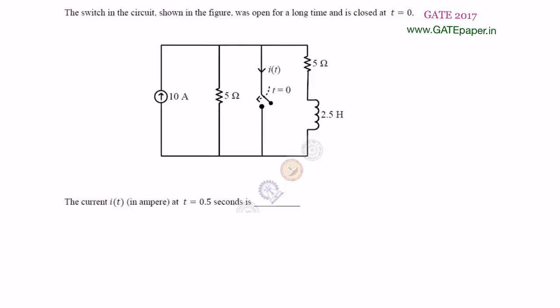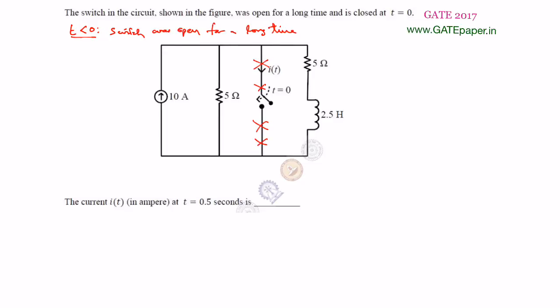So for t less than 0, the switch was open for a long time. When the switch was open for a long time, this branch will not be present. So this switch branch is not present. Remember that.